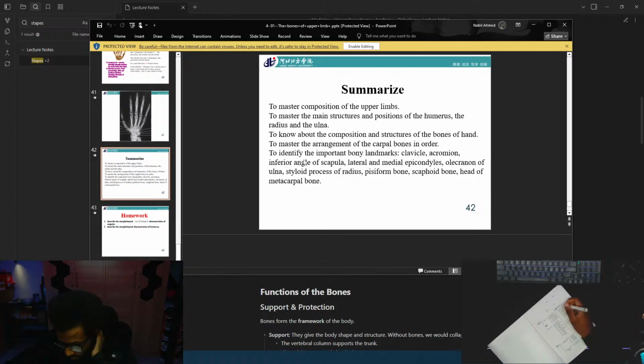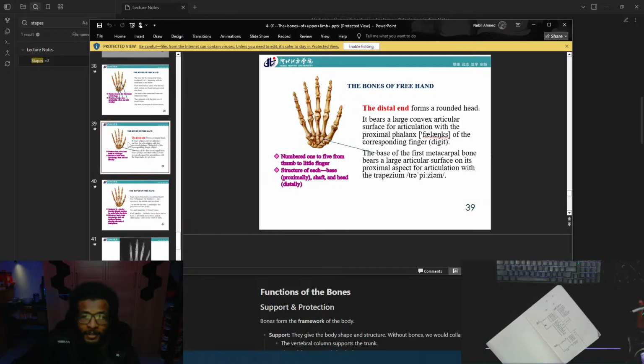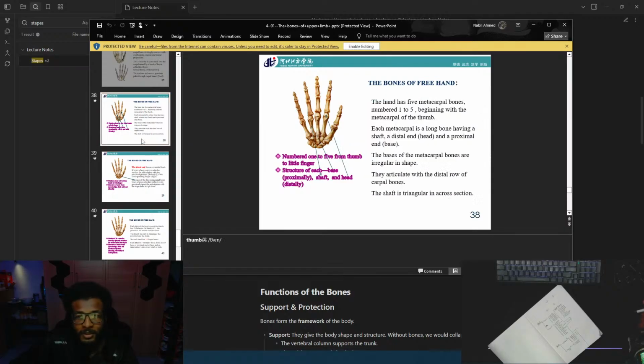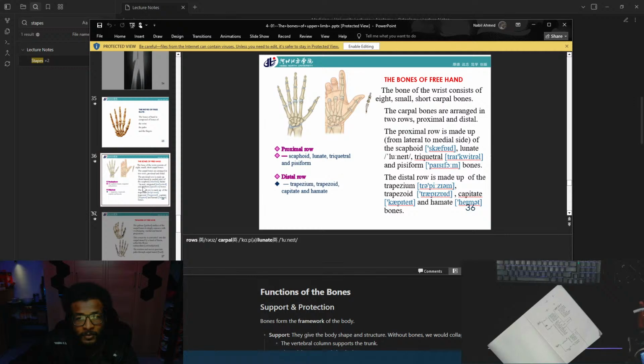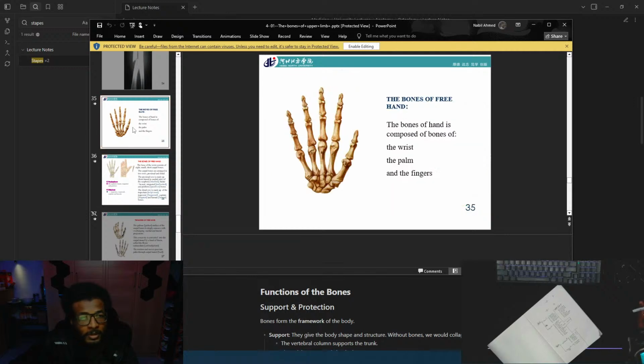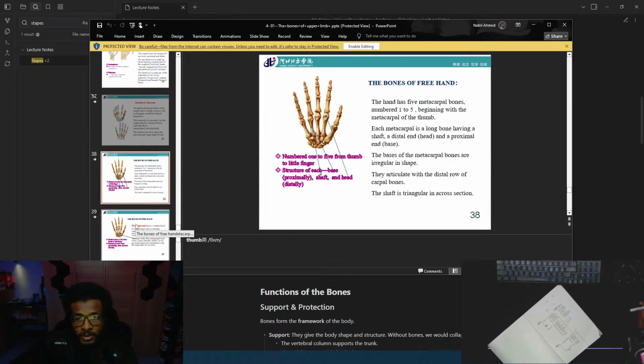Bro, the whole upper limb at this point, they go into detail, not very specific details, but for each, actually.